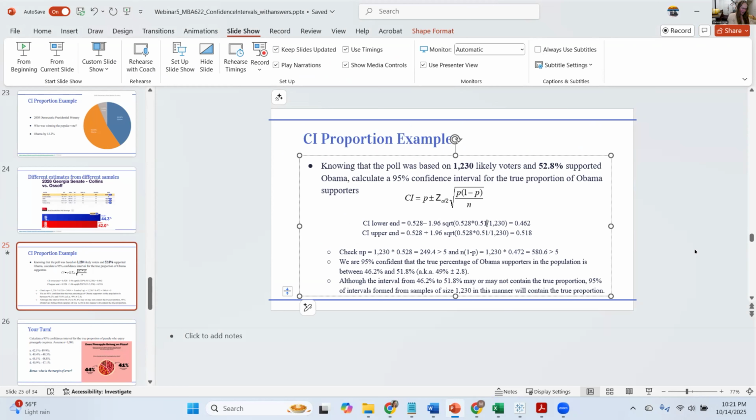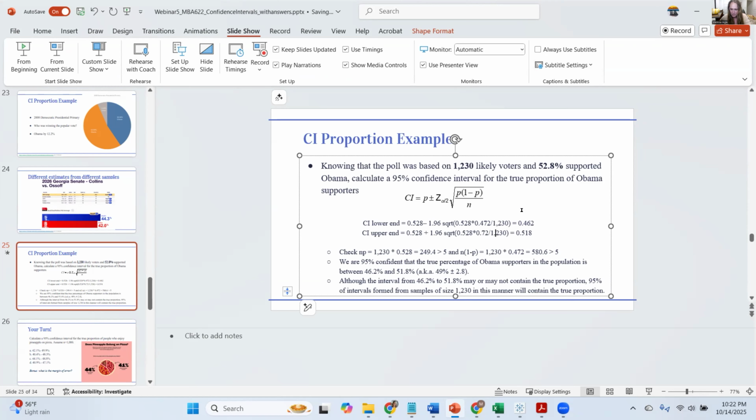Oh well, this is what happens when you work on these too late. 1 minus 0.528, yeah, 47.2. So I'm going to change these so when I give this to you, you won't have this obvious wrong answer here. So 0.472.